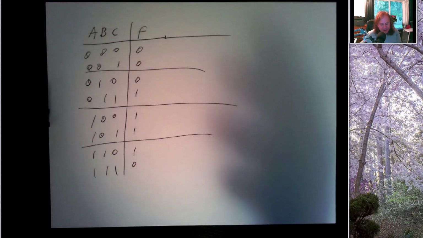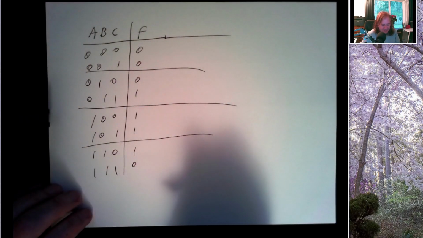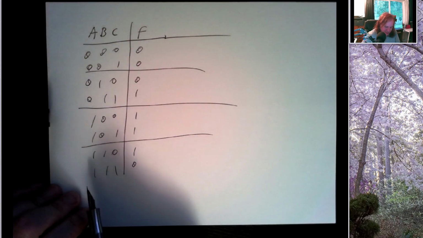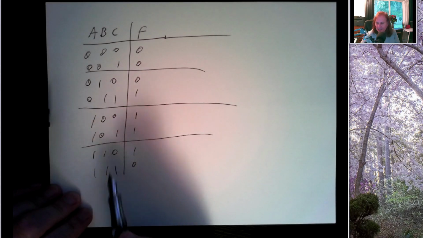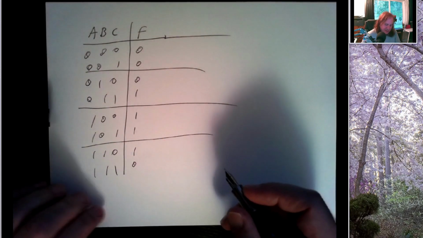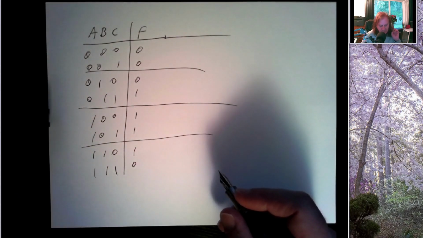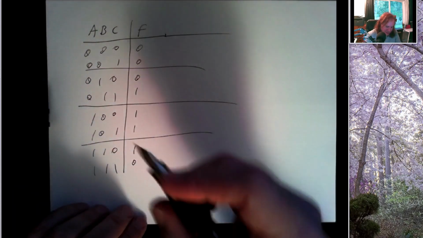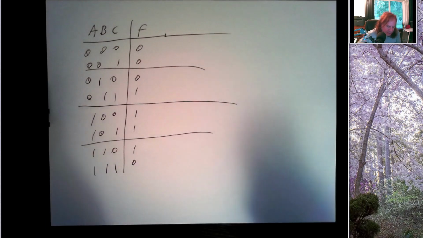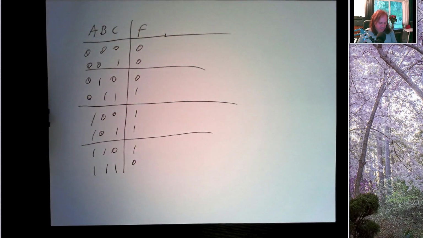And so we know we can write f as a sum of products: a bar b c, or a b bar c bar, or a b bar c, or a b c bar. That's very straightforward. But let's see what happens if we eliminate one of our input variables.